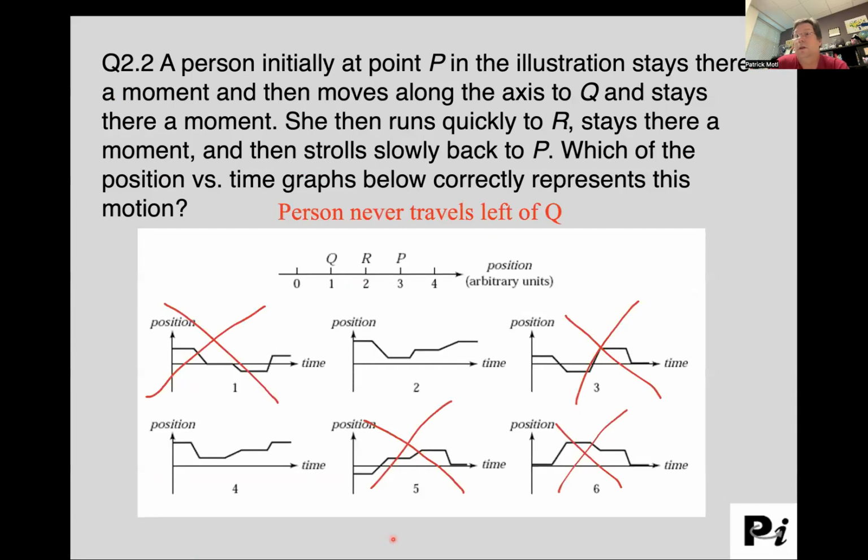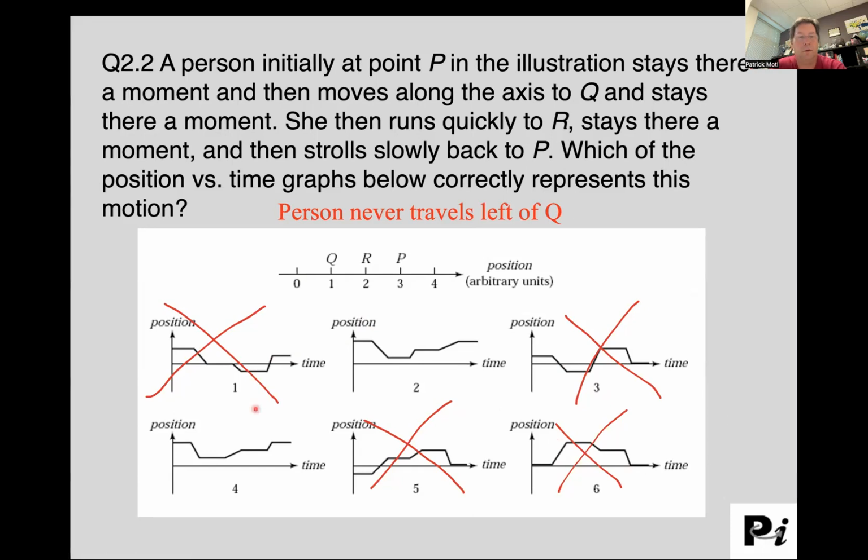Some of these plots I can immediately throw out because the person never moves left of the origin, so they could never cross the origin. So 1, 5, 3, and 6 are all out because those are all cases where the person reaches or crosses the origin.